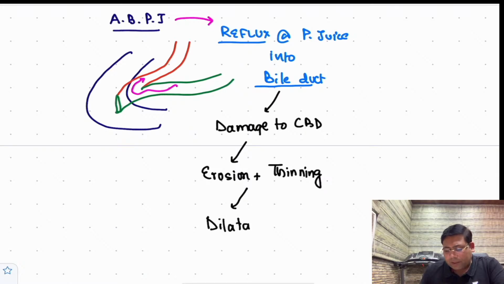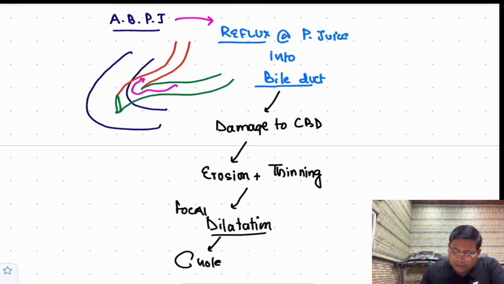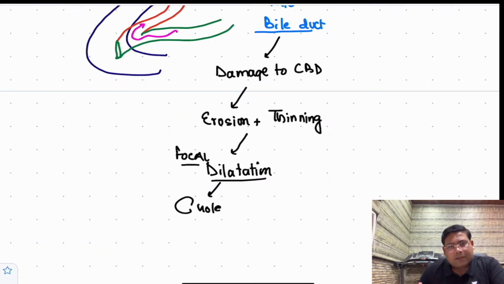Dilatation of the CBD, and if there is dilatation of the CBD, this is going to lead to what? Choledochal cyst. And this is a focal dilatation, at the site at which actually the damage happens. So this is going to lead to choledochal cyst.